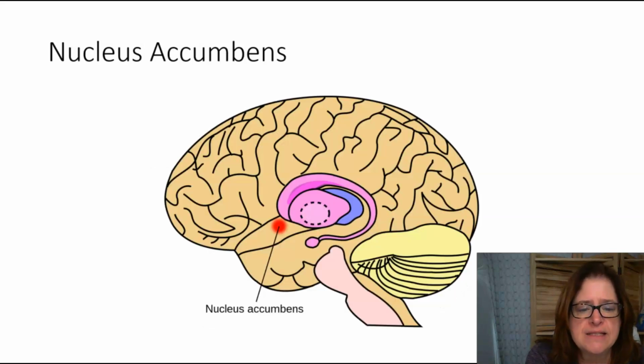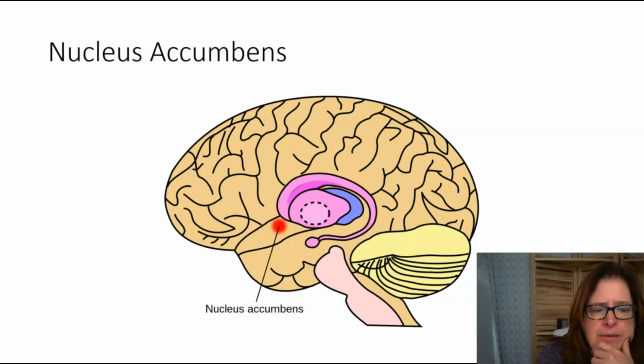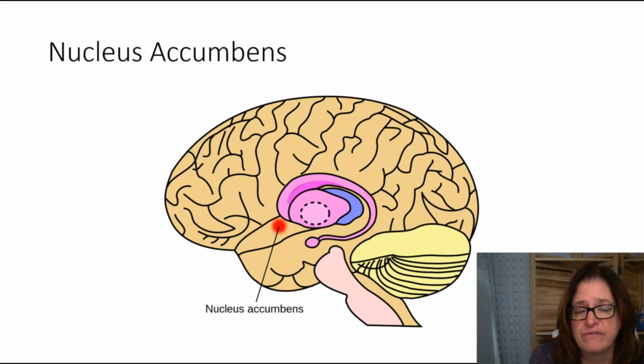Now, the nucleus accumbens, tiny little thing, which is thought to mediate behaviors, including especially rewards and motivation. It's in the basal forebrain. It's a major structure of the ventral striatum associated with the limbic system and regulates limbic functions like motivation, affect, and reward.